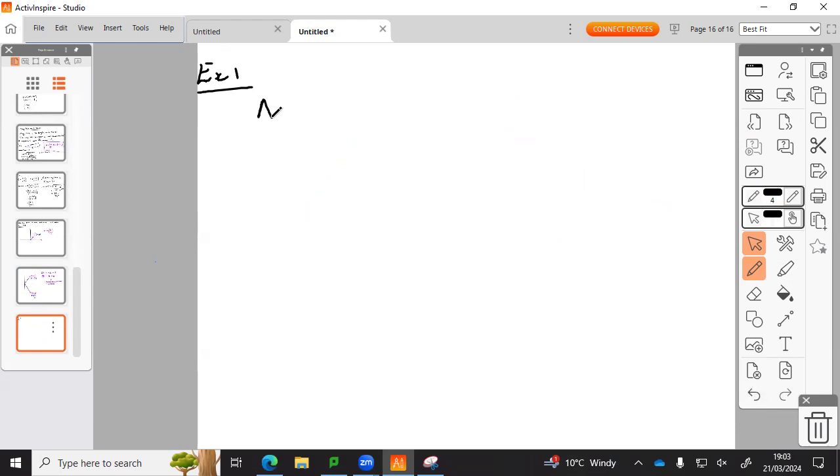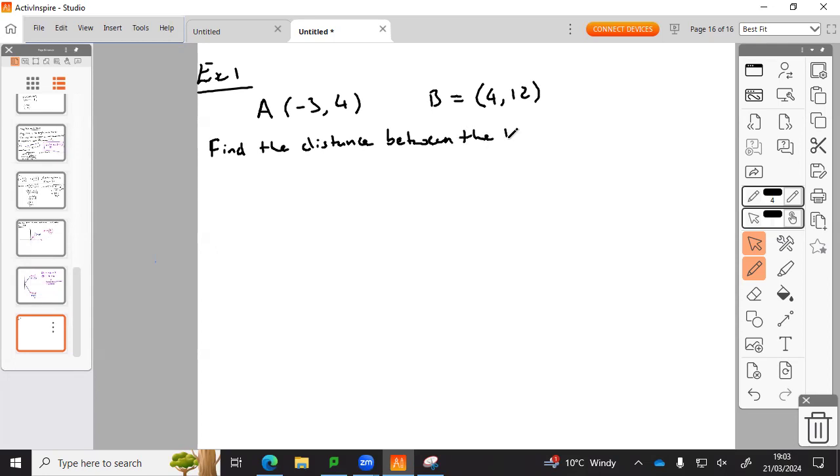Follow coordinates. Okay, and you get asked to find the distance between the two coordinates.